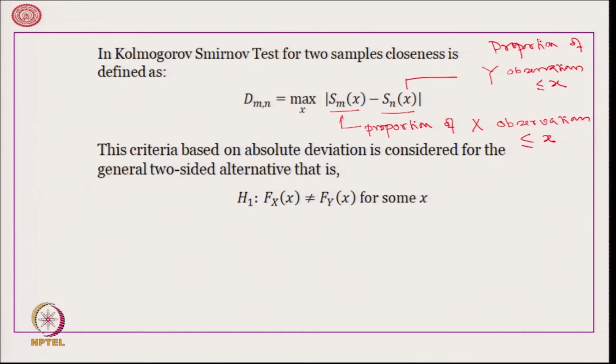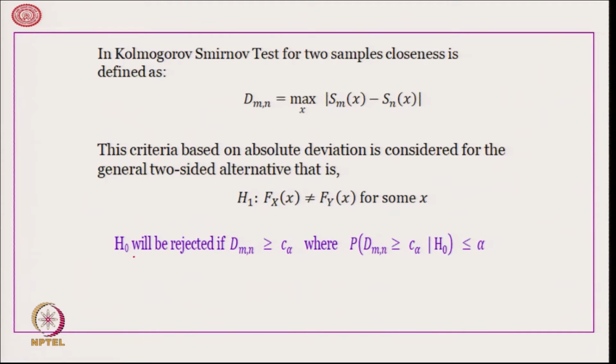So, we will look at the maximum difference between them, and if the deviation is greater than some threshold, then we shall reject the null hypothesis in favor of the alternative that they are not the same.